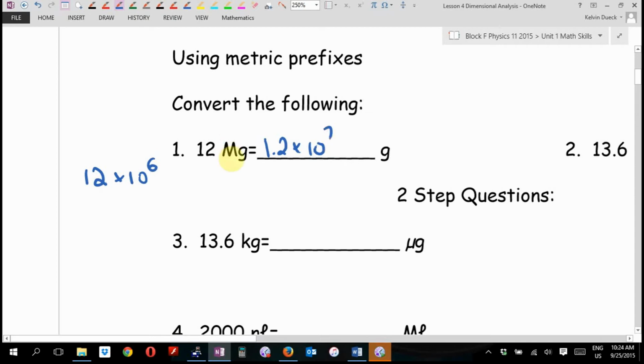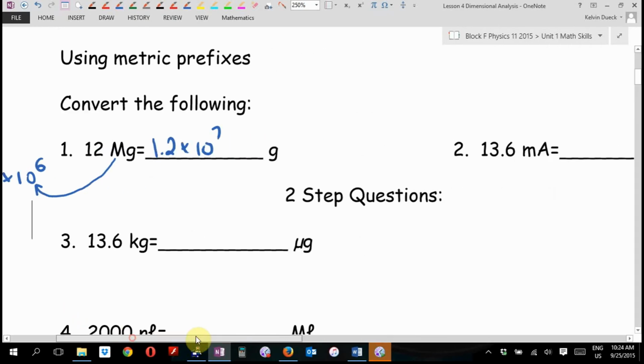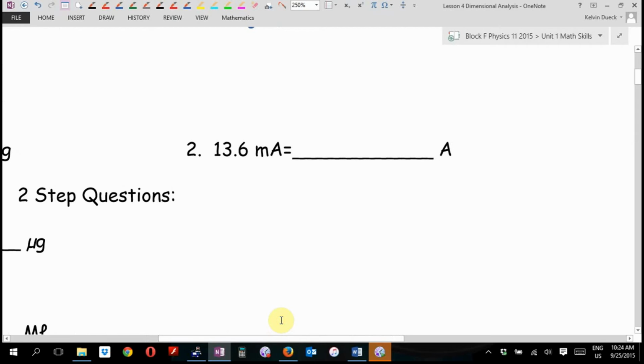So literally for a one-step conversion, I just replace the metric prefix with the power of 10 that it refers to. In other words, if you want me to convert 13.6 milliamps, I start out writing down what they gave me, times. What's milli?